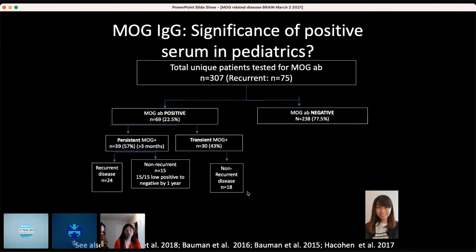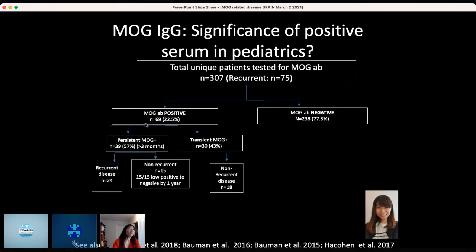I'm just showing you this to demonstrate within our population the numbers that we see. As I said earlier, about 20% of children are positive for MOG antibodies, which to me is the most frequently positive antibody that we see in our population.